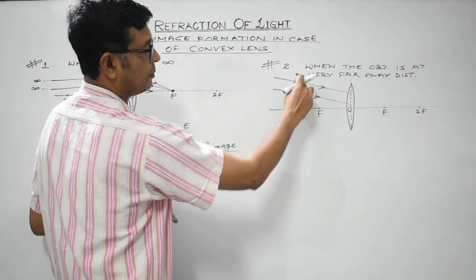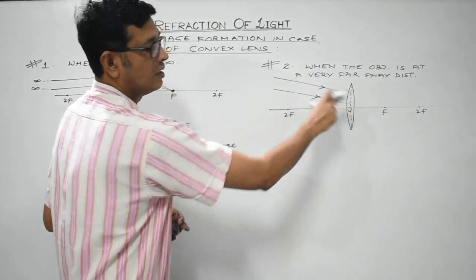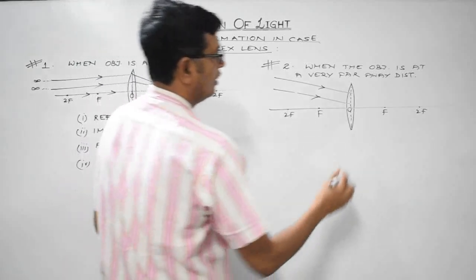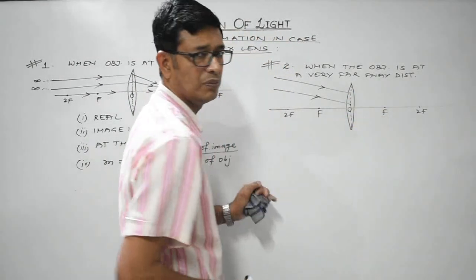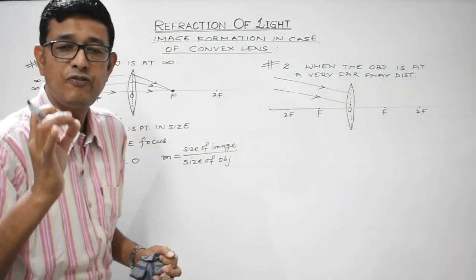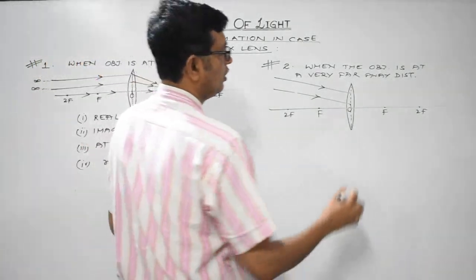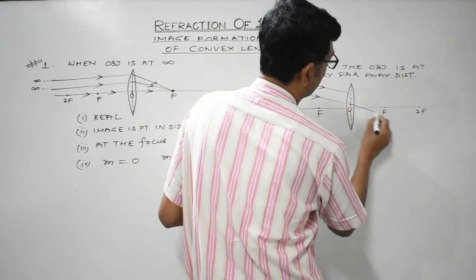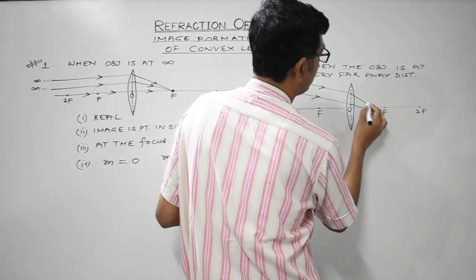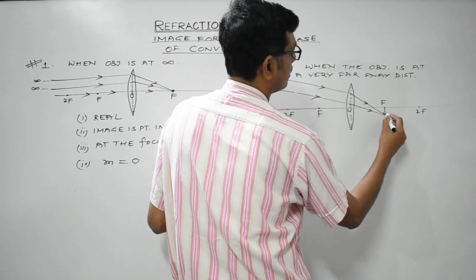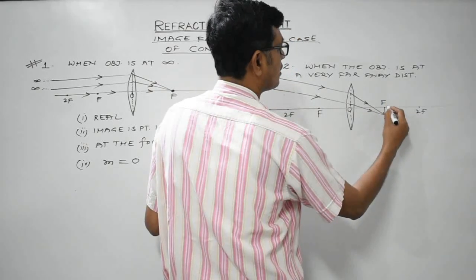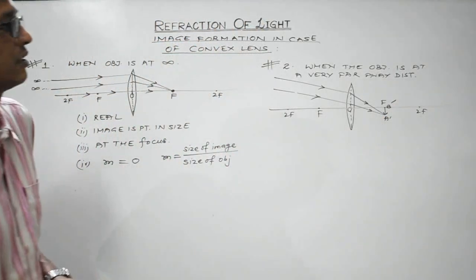These are the rays which are parallel to each other but not parallel to the principal axis, right? Here the rays will again converge at the focus, but the image will have some finite dimensions. It will get refracted and the image will be formed like this. This is suppose A dash, this is suppose B dash.